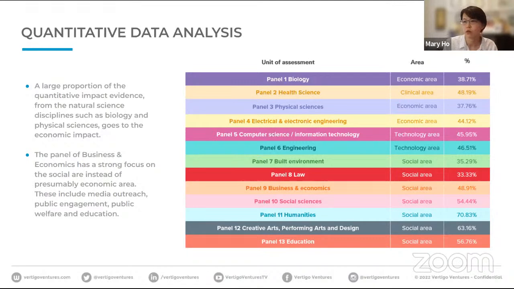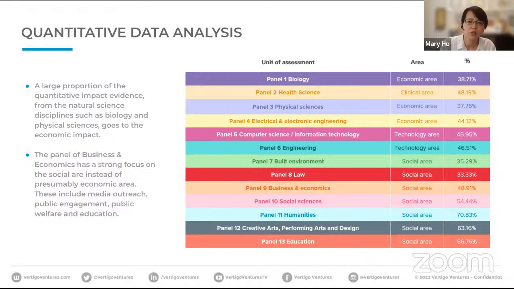Understandably, the disciplines of computer science and engineering gave more quantitative focus to the technological area, such as patent licensing, technological applications, and improvements, while presenting their 4-star and 3-star impact case studies.